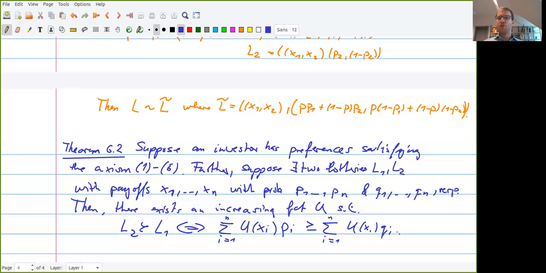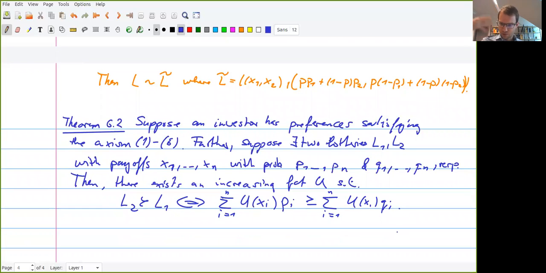We will prove this theorem next time, and what we also want to keep in mind is that if I have these preference relations fulfilling my assumptions 1 to 6, I can represent which lottery I prefer by calculating this type of expectation, right? So this is an expectation. I take my random variable, which takes the values x1 to xn with probability p1.